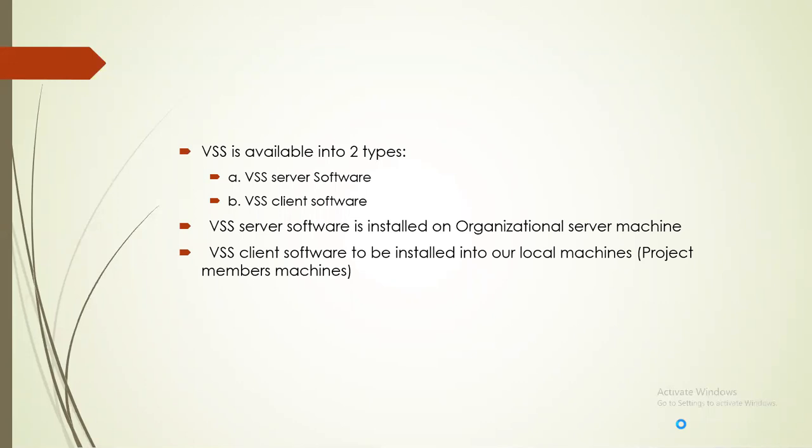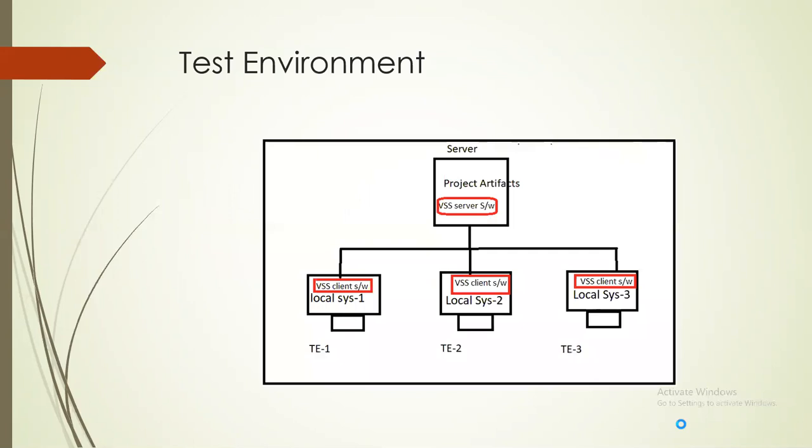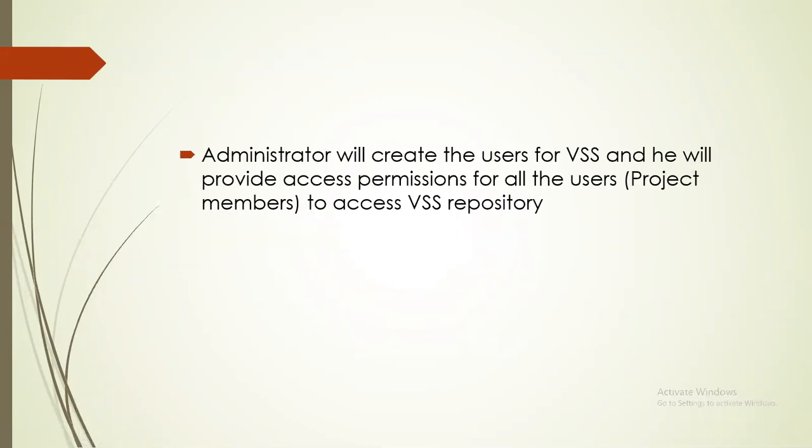VSS server software will be installed in the server, whereas VSS client software will be installed in the client machine or local machine. The administrator is responsible for creating the users for VSS, and he will give the permissions to the users to access the projects in the VSS repository.